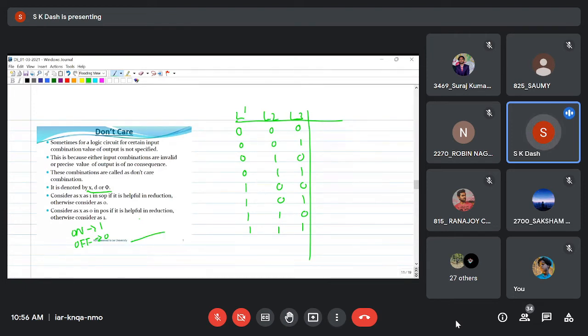Now suppose I want to design a circuit. I have these three LEDs as input, L1, L2, L3. In the output, I want to design an alarm circuit.